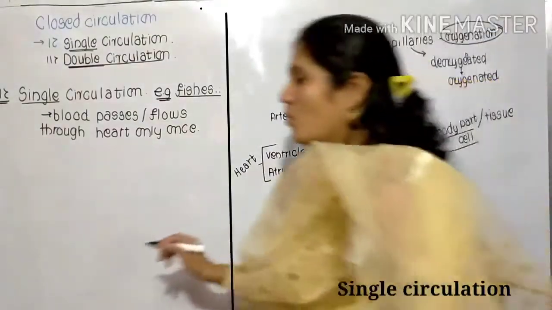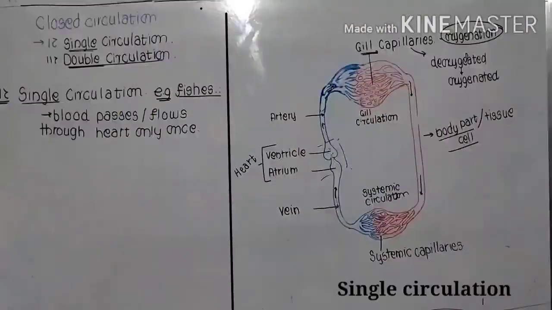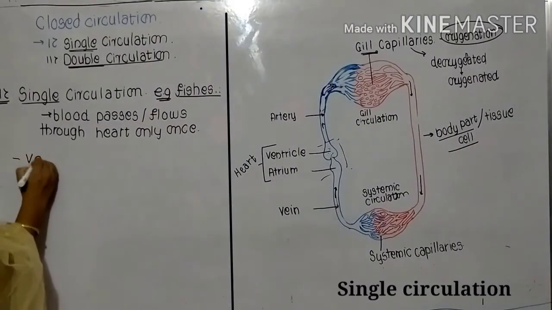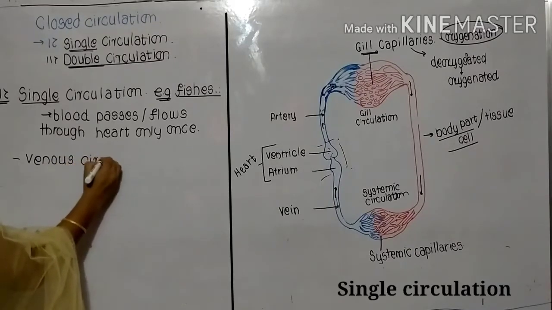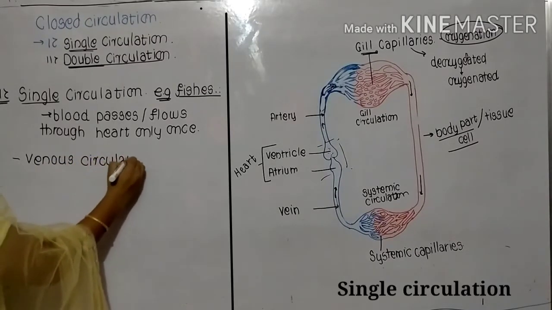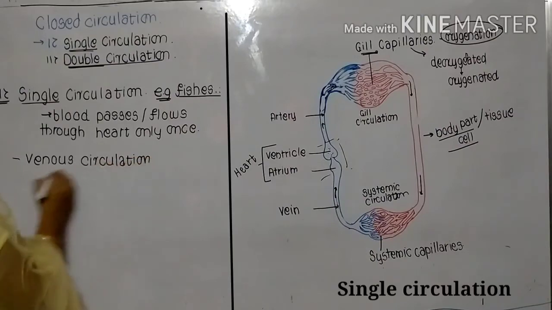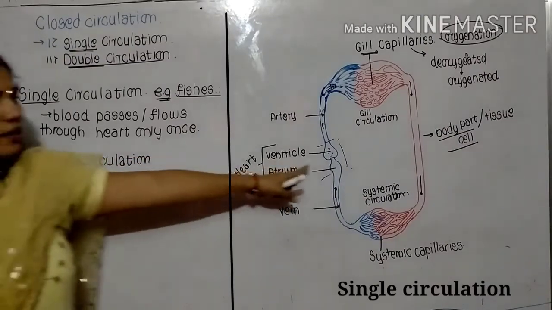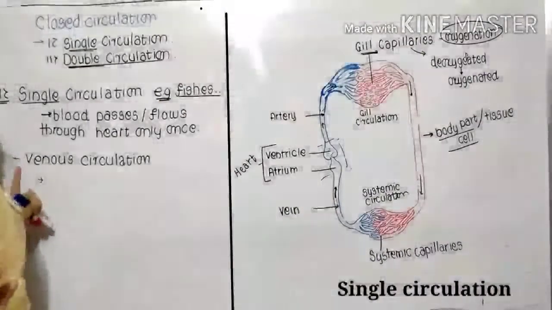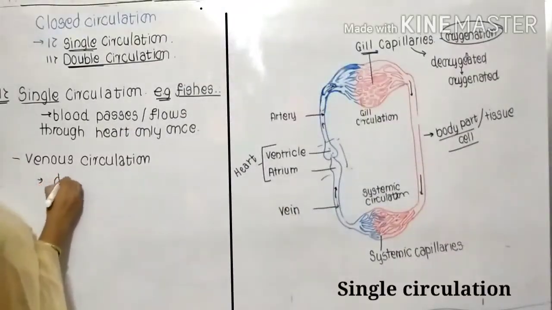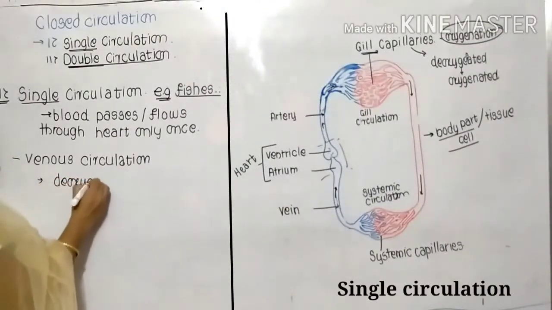This type of circulation is also known as venous circulation. Why is it known as venous circulation? Because in this, only deoxygenated blood is always flowing through the heart, not oxygenated blood.